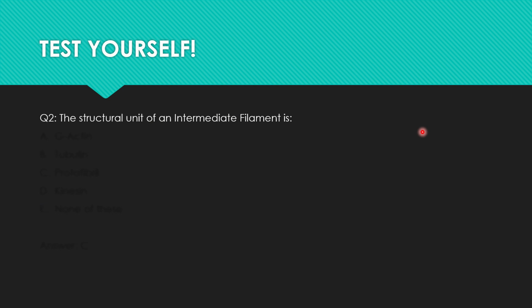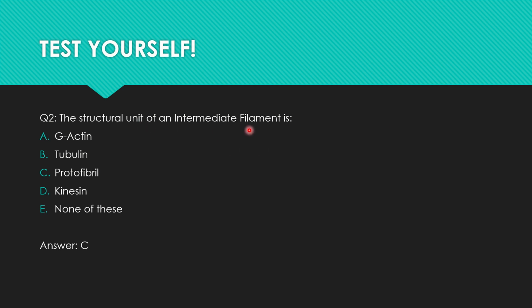The structural unit of the intermediate filament is G-actin, tubulin, protofibril, kinesin, none of these. If you have answered C, you are very correct, because it is the protofibril which is the unit of an intermediate filament. The unit of the microtubule is tubulin, and the unit of the microfilament is the G-actin.